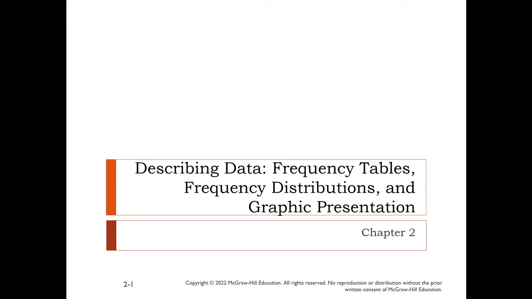Chapters 2, 3, and 4 are all about describing data and learning different ways statistics can be produced to give a visual representation of the data that we have. In this chapter, we're going to be looking at more frequency, basically number distributions.